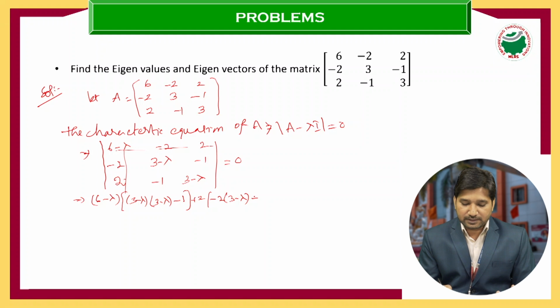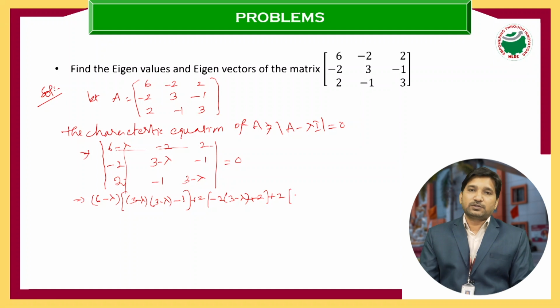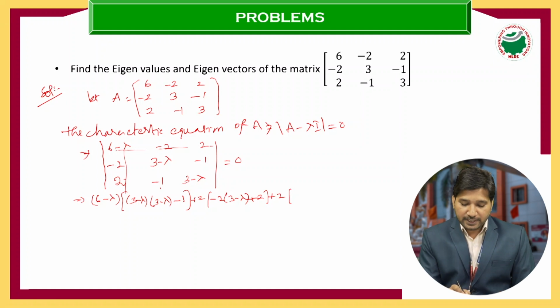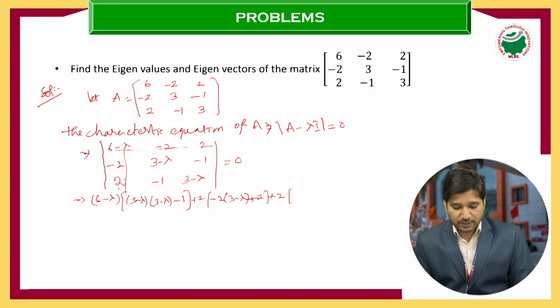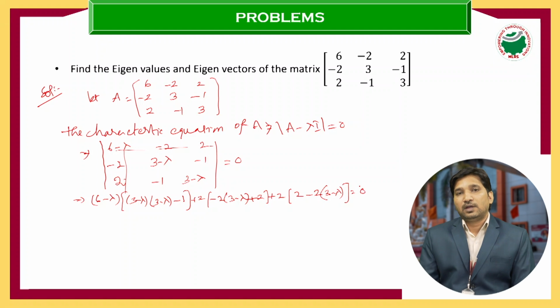And the last one is plus 2 into removing the first row and third column, using the AD minus BC formula: minus 2 into minus 1, 2 minus 2 into (3 minus lambda), equal to 0.